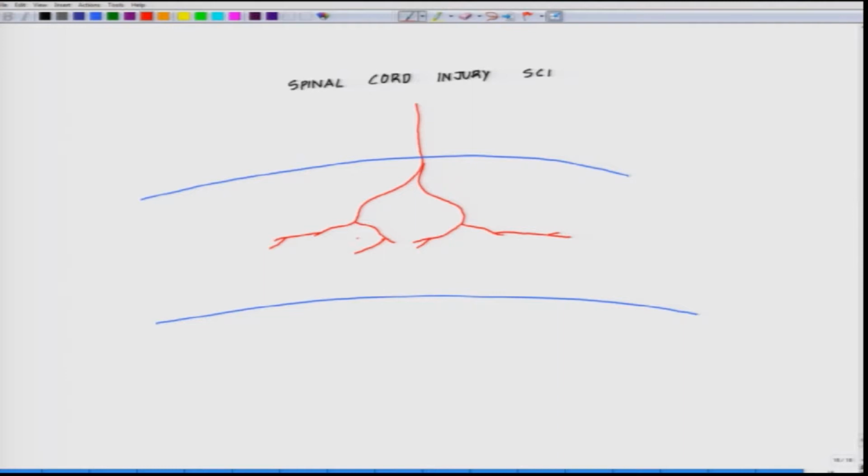So, what we will be dealing with today is, this is the alpha motor neuron. So, the signal is coming like this, and once again, alpha motor neuron.